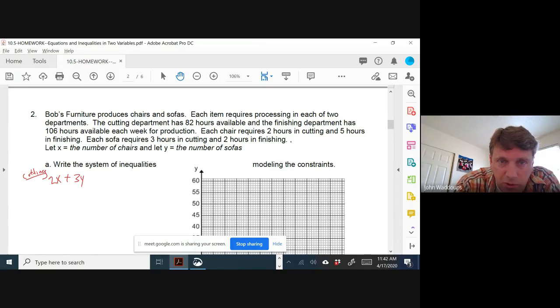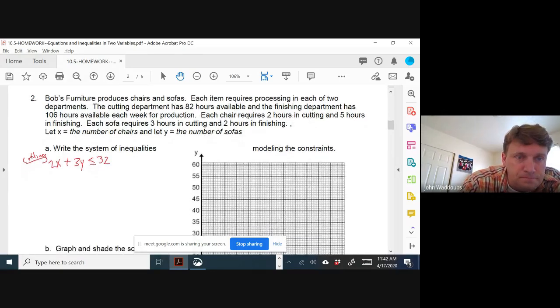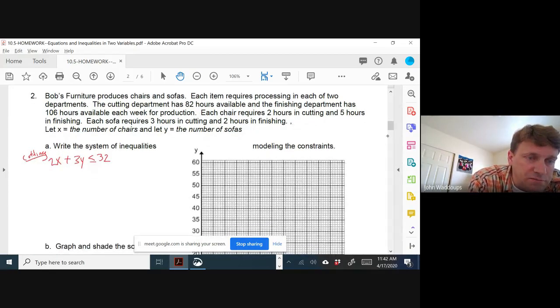Since the cutting department has 82 hours available, the total number spent in cutting must be less than or equal to 32. And then finishing.